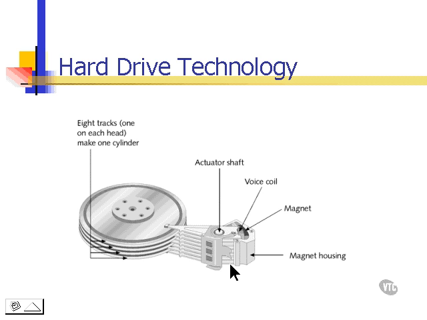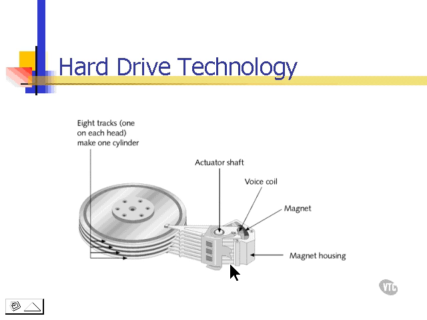And we can do that very quickly. We don't use a motor to control where the heads are. We only use a motor to spin the drive, or to spin the platters from the spindle.